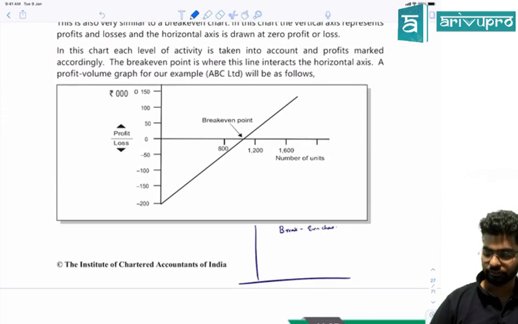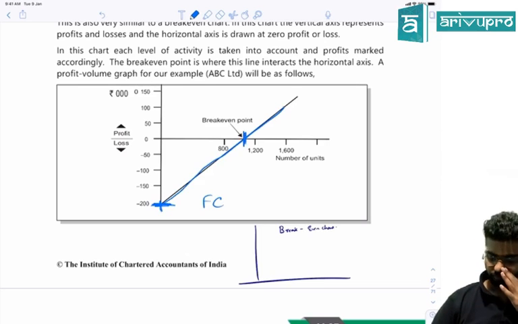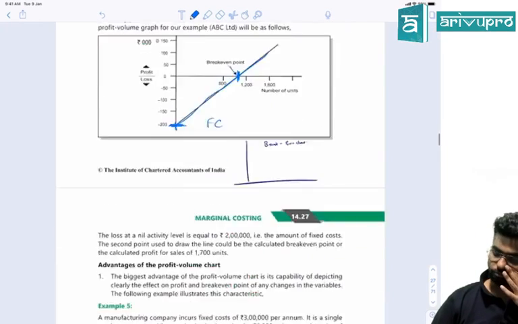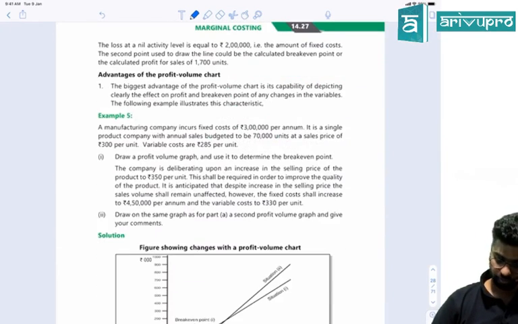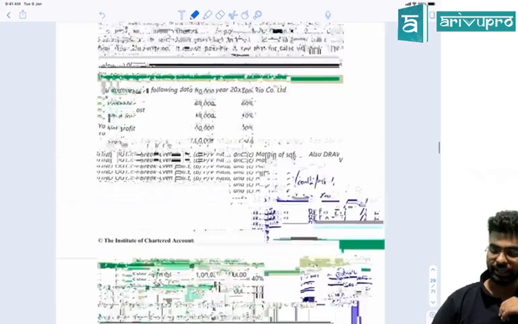What is this point? Guys, what is this point? I know loss, Suresh. Why am I suffering a loss? Fixed cost. I keep going up, hit here, this is my break even point. Are you all clear till now? Any doubt in the concept?